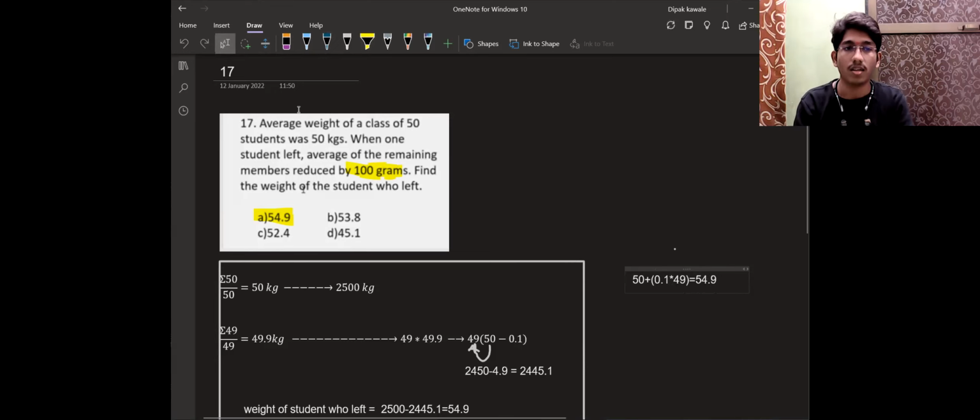See the students, in this type of problem, whether it is leaving or we are adding or just comparing, like in the previous lecture we have seen that we are replacing more weight or we were replacing the less weight. Just we have to consider initially that whatever we are replacing or removing, it is the same as per the average.